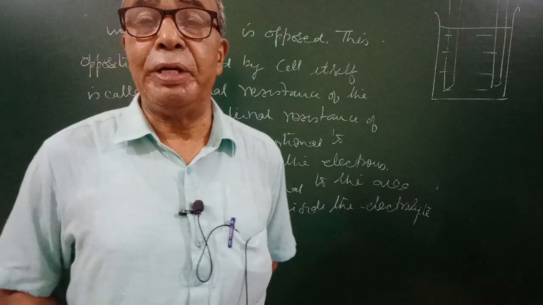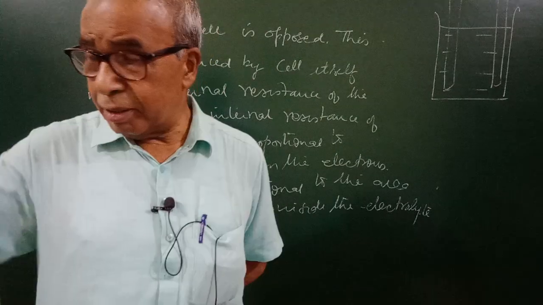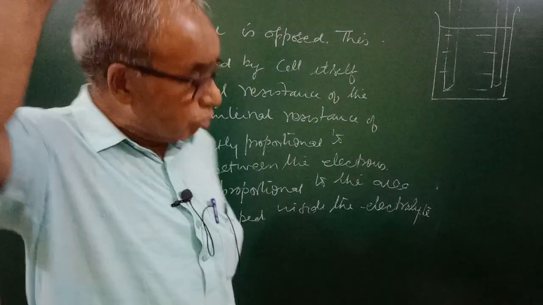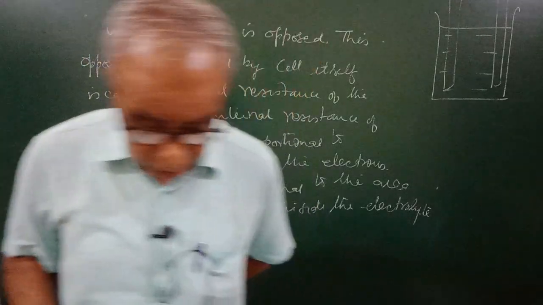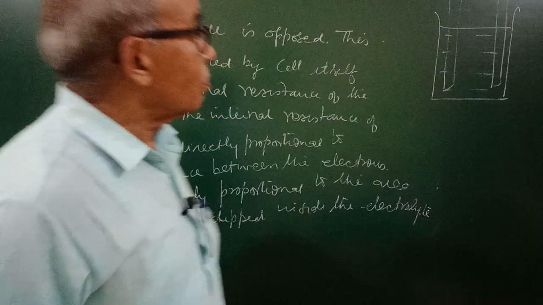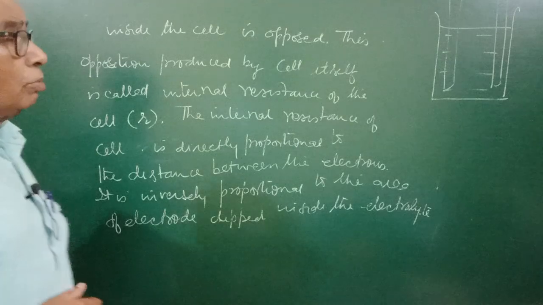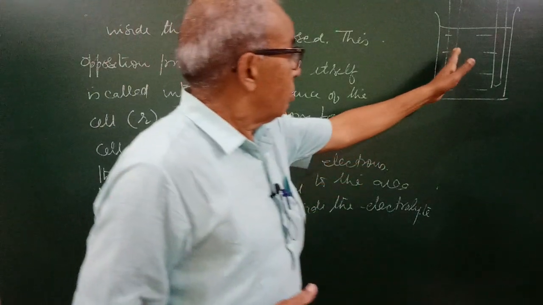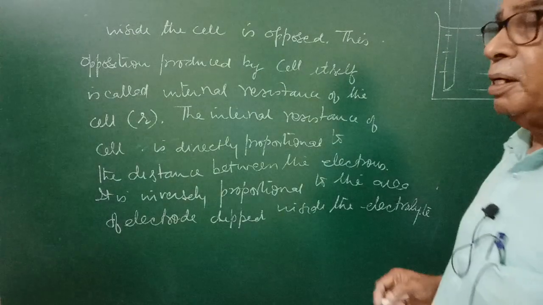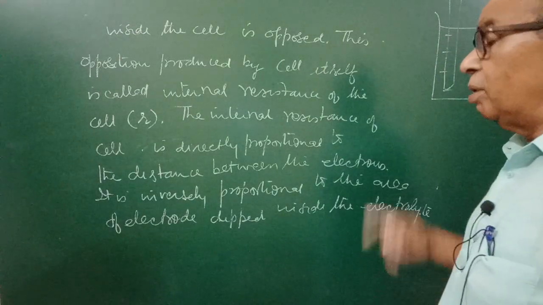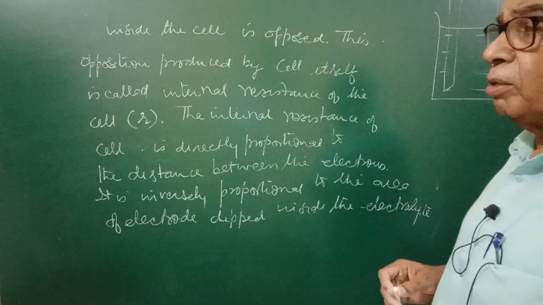We are using them nowadays in motors and in houses to run the inverter. So we try to keep it small. Internal resistance of every cell is to be kept small.